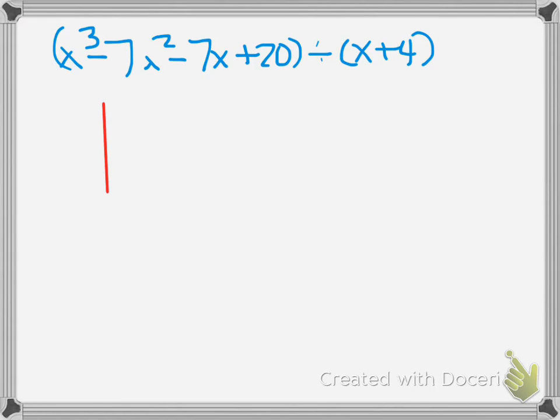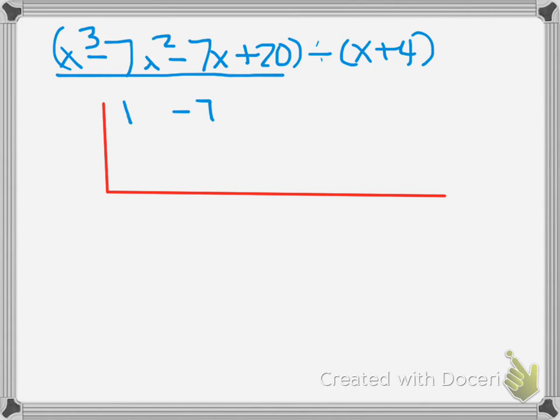So again, we're going to write our upside down division symbol. Coefficients are going to go inside. 1, -7, -7, and 20. And the opposite of our divisor is going to go on the outside.